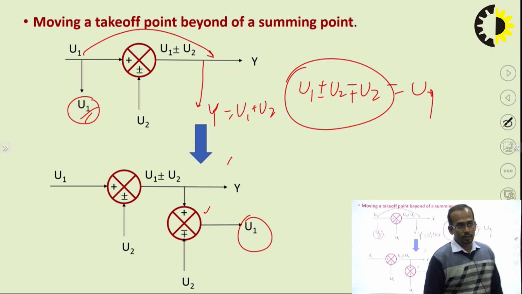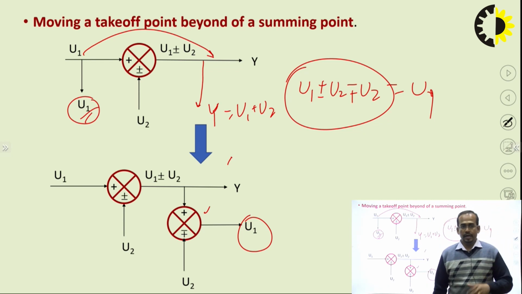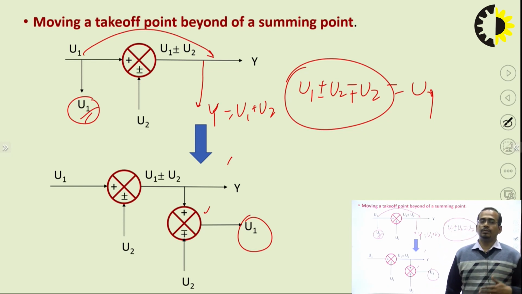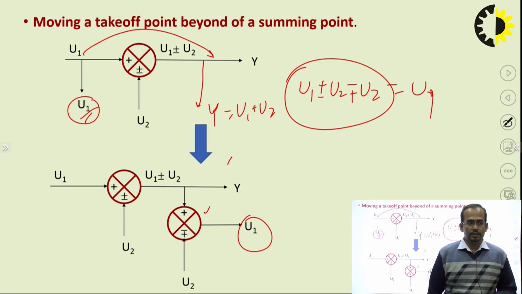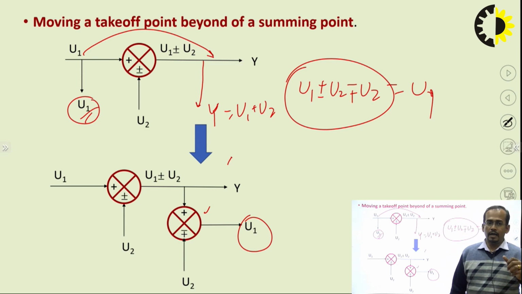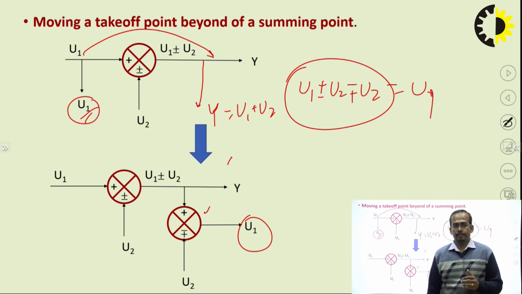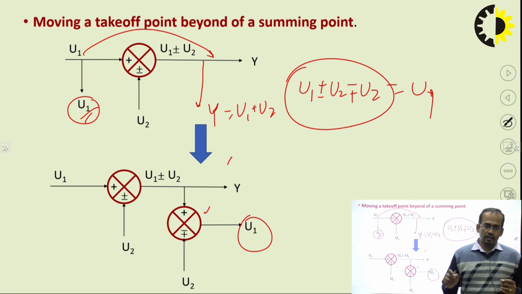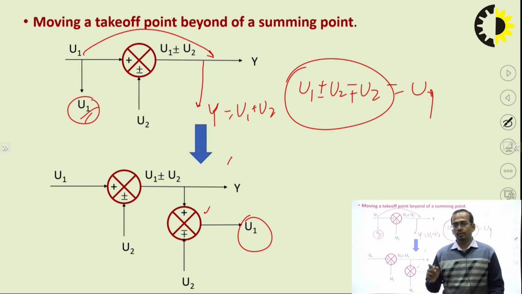But the standard method is that first you have to reduce the cascade connection, after that you have to reduce the parallel connection, and after that you have to try to convert the given block diagram into a standard canonical form.